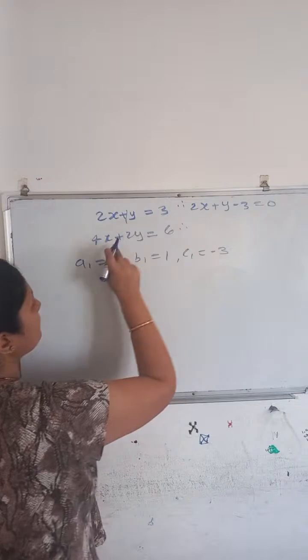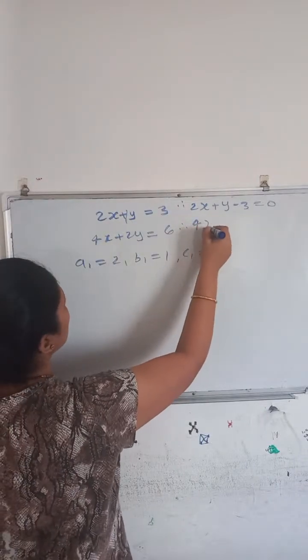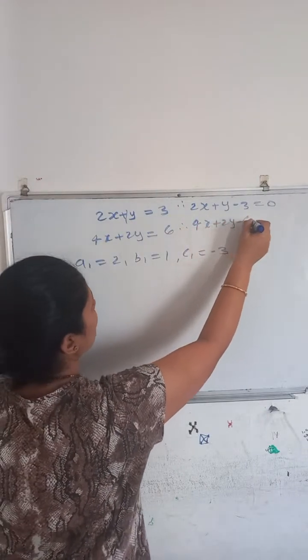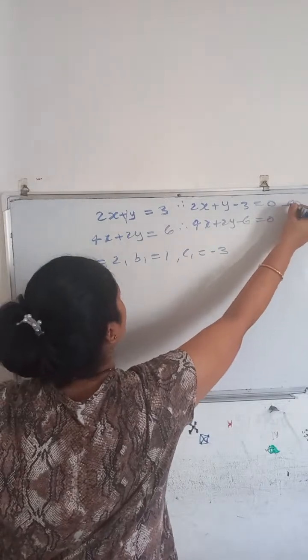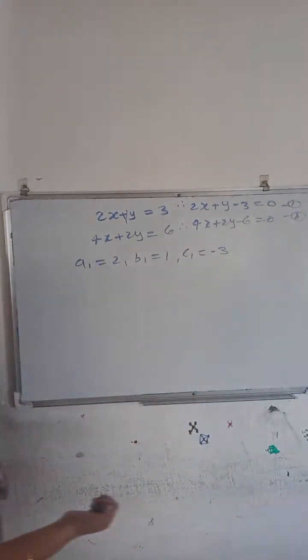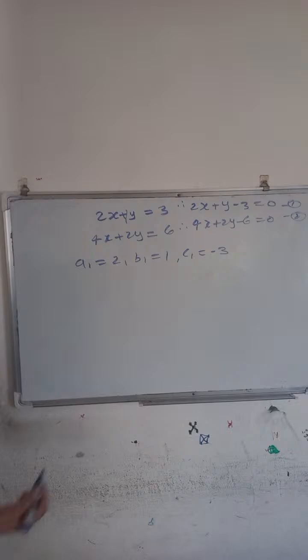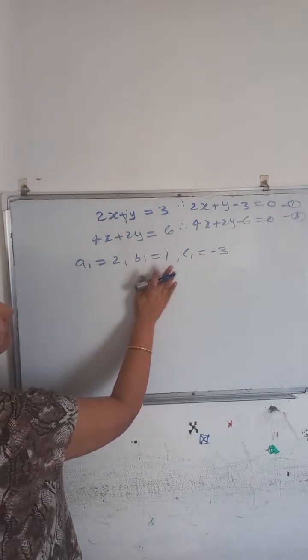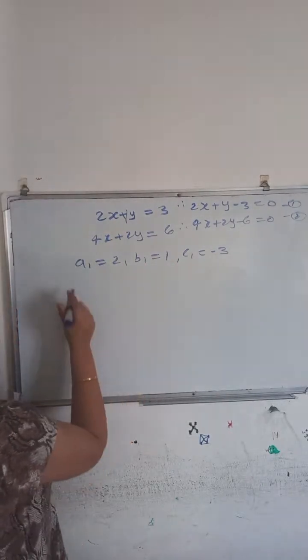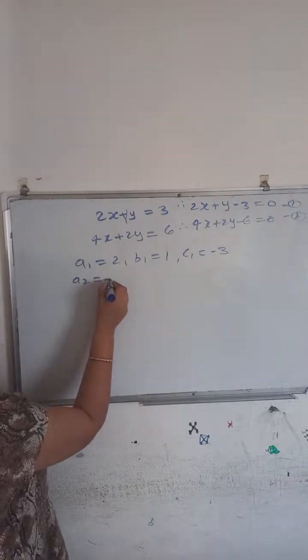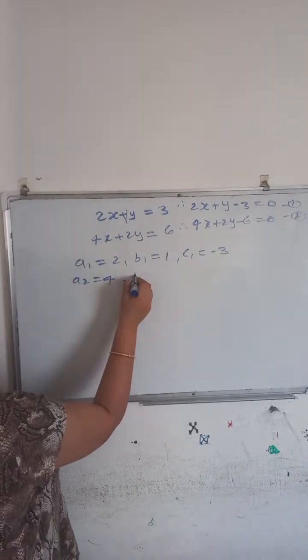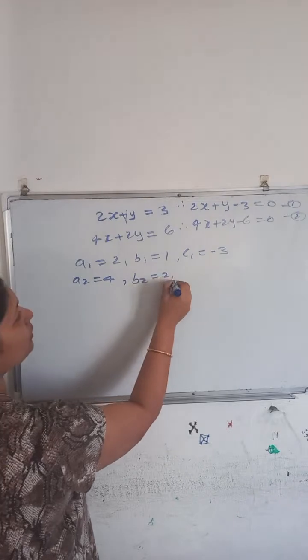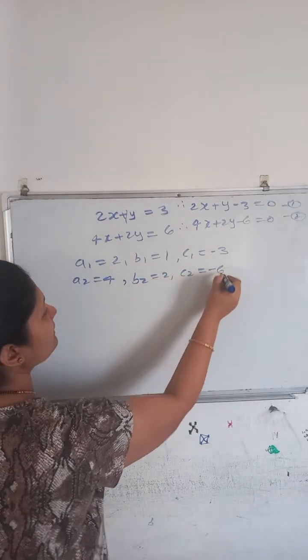Therefore the second equation we can write as 4x plus 2y minus 6 is equal to 0. This is equation number 1 and this is equation number 2. So a1 is equal to 2, b1 is equal to 1 and c1 is equal to minus 3. Now a2 is 4, b2 is 2 and c2 is minus 6.